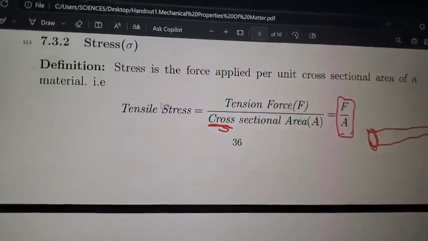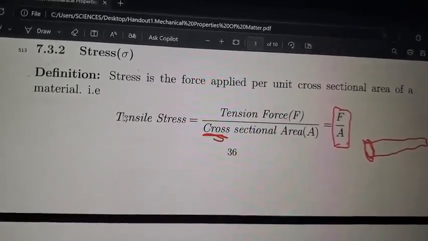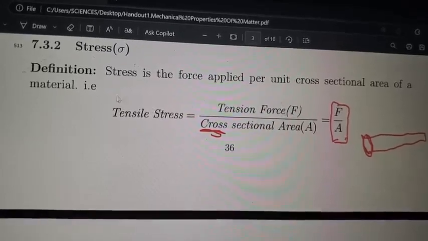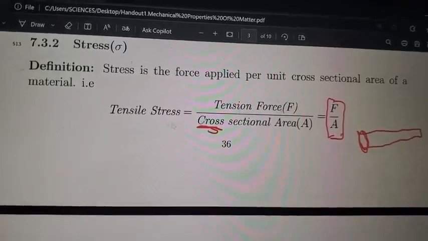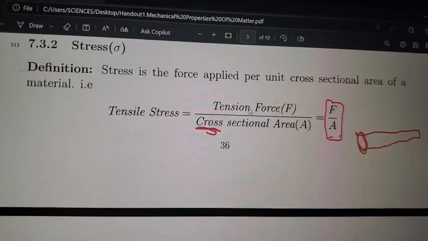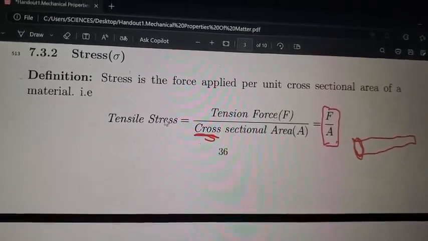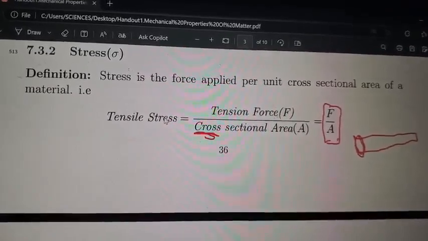Tension force. There are different types of stress which, for the sake of our syllabus, we are not allowed to look at. We are only allowed to look at the tensile stress, which is due to tension force. If the force is a compression force, then it will be a compressive stress. Are we together?